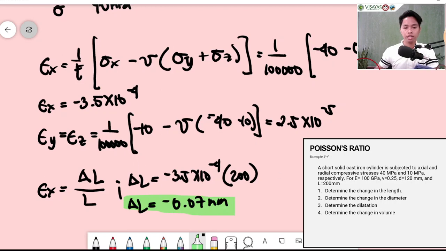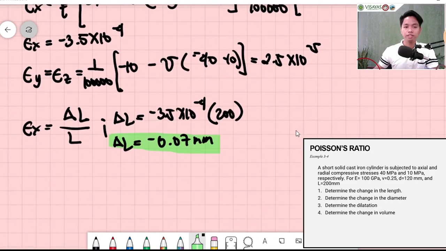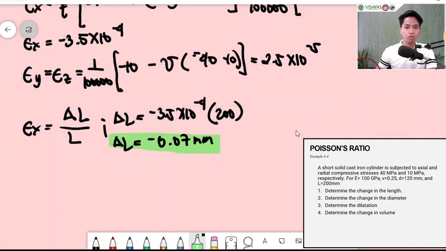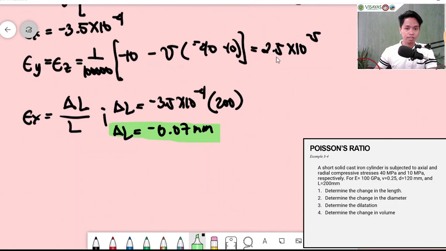Now, how about your change in diameter? Since equal naman na sila ang strain at Y and strain at Z, mamili ra po kamo bisag kinsa since equal naman na siya. So, say, for example, your strain at Y is equal to your change in diameter over your original diameter.